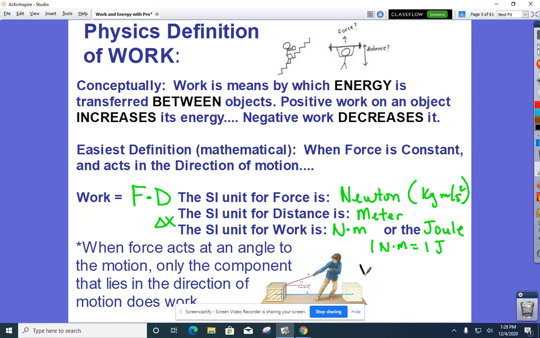We can define work at whatever angle as just F times D times the cosine of the angle between that force and that displacement. Okay, so that theta there is the angle between those two vector quantities. So a little bit more of a formal definition, much more applicable to a variety of situations as opposed to this one here.